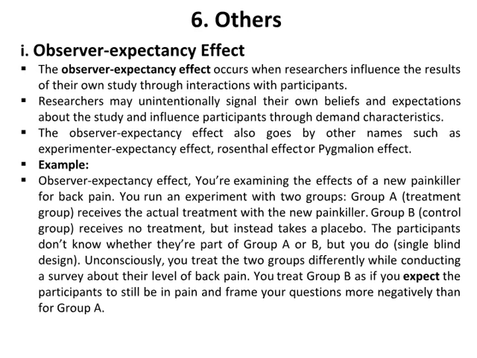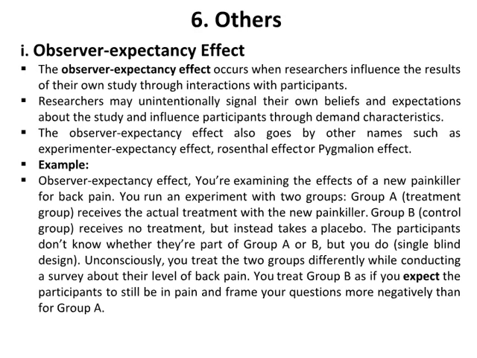Example: observer expectancy effect. You're examining the effects of a new painkiller for back pain. You run an experiment with two groups. Group A, treatment group, receives the actual treatment with the new painkiller. Group B, control group, receives no treatment, but instead takes a placebo.